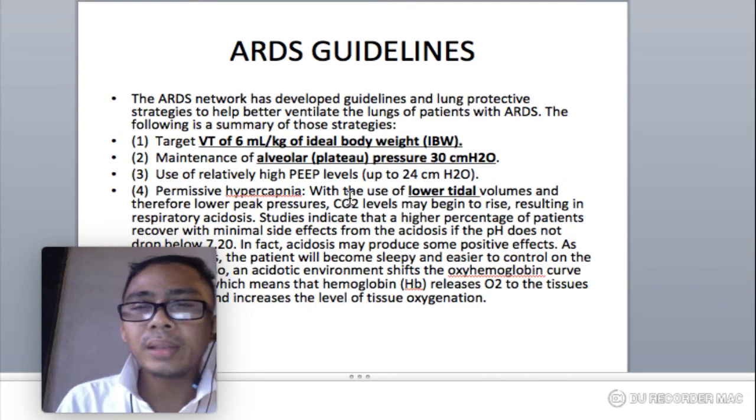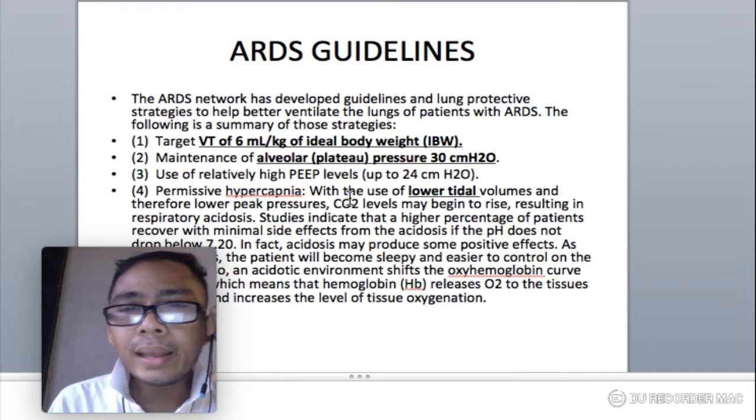So what are the ARDS guidelines? ARDS stands for acute respiratory distress syndrome. It's more on an adult case. The ARDS network has developed guidelines and lung protective strategies to help better ventilate the lungs of patients with ARDS.